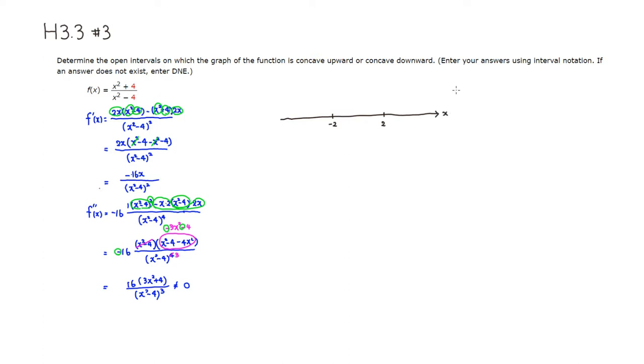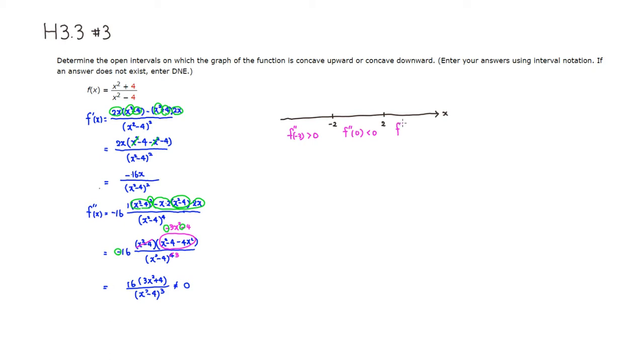So let's check the sign. For anything smaller than negative 2, I'm going to try negative 3. Looking at the second derivative, the numerator is always positive. If you plug in negative 3, squared is 9, minus 4 is positive, so everything is positive here. If you plug in 0, the top is positive, the bottom is negative, so it's going to be negative.